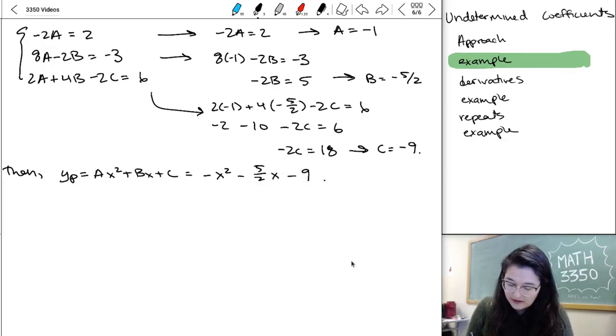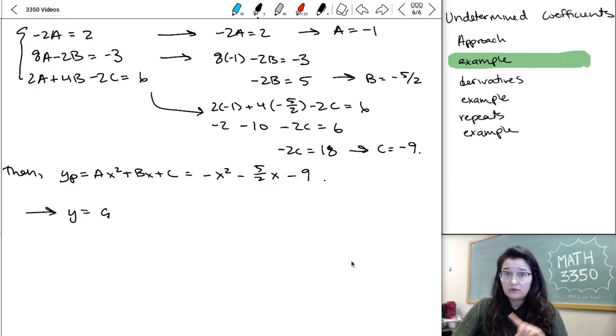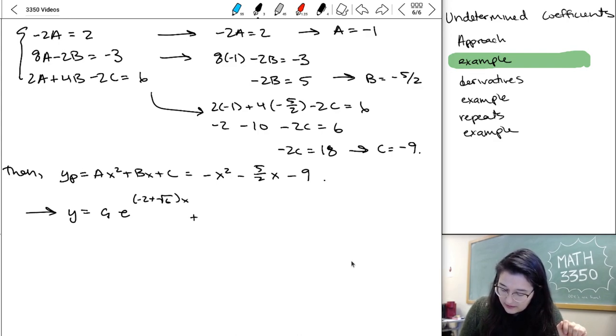And then my general solution is going to be y equals c1 times y1, which I gave you earlier on in the problem. But if this was a fresh problem that you're working on, you might have to find it. That's negative 2 plus root 6 times x, plus c2 times y2. That's negative 2 minus root 6 times x, plus our y sub p.